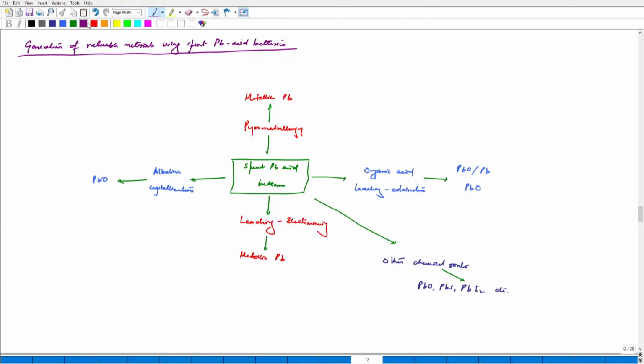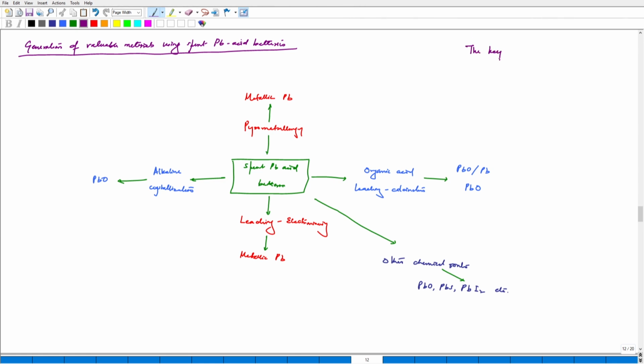Now that we have seen the various types of valuable materials, we must note the key challenges in handling lead acid batteries.